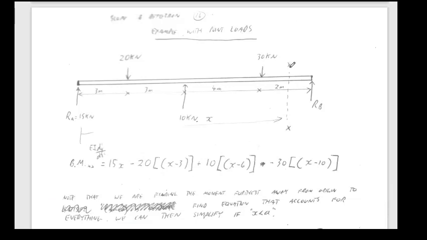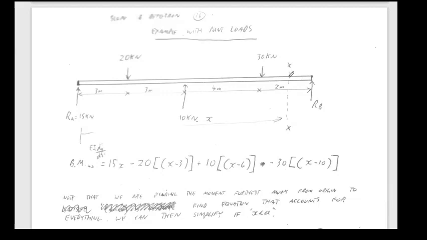We're going to look left and write down any moments acting on the beam from this position. The origin X equals 0 is at the left-hand end of the beam. Remember, we've gone X meters along the beam, so we're here at position X.